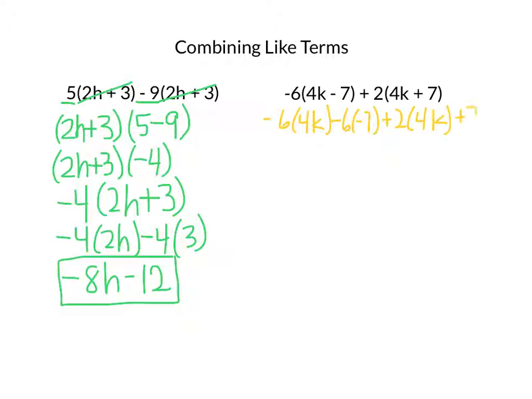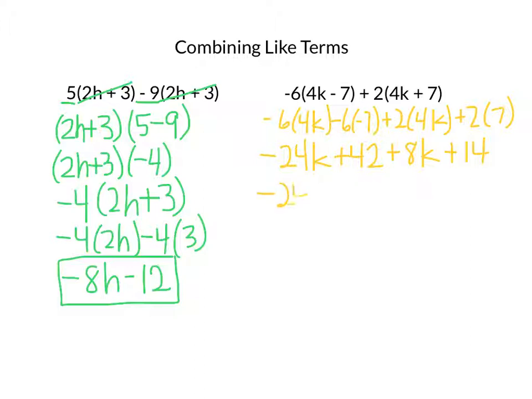plus 2 times 7, or a positive 7, gives me negative 24k plus 42 plus 8k plus 14. And then we use the commutative property of addition to switch the 8k and the 42 around.